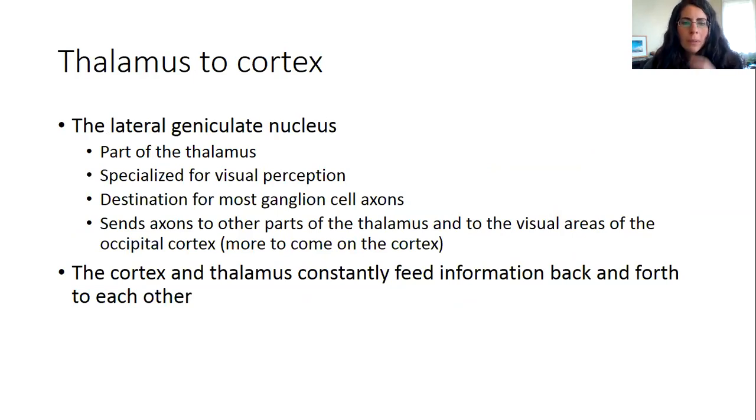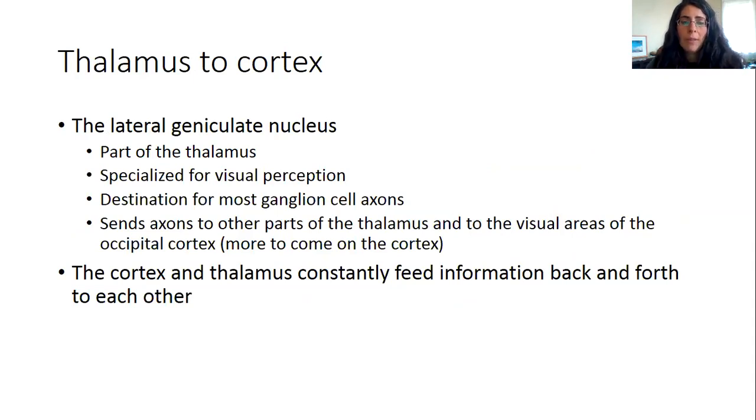Okay. What I didn't say already on this slide is that the cortex and the thalamus are in feedback. They're feeding information back and forth constantly.